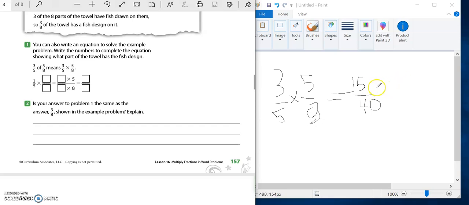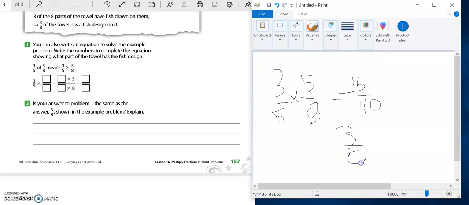So basically saying that if we multiply 3/8, which is our answer, if we multiply the numerator and denominator by 5, we would get 3 times 5 would be 15, and 8 times 5 would be 40. Okay, so 3/8 and 15/40 are equivalent.